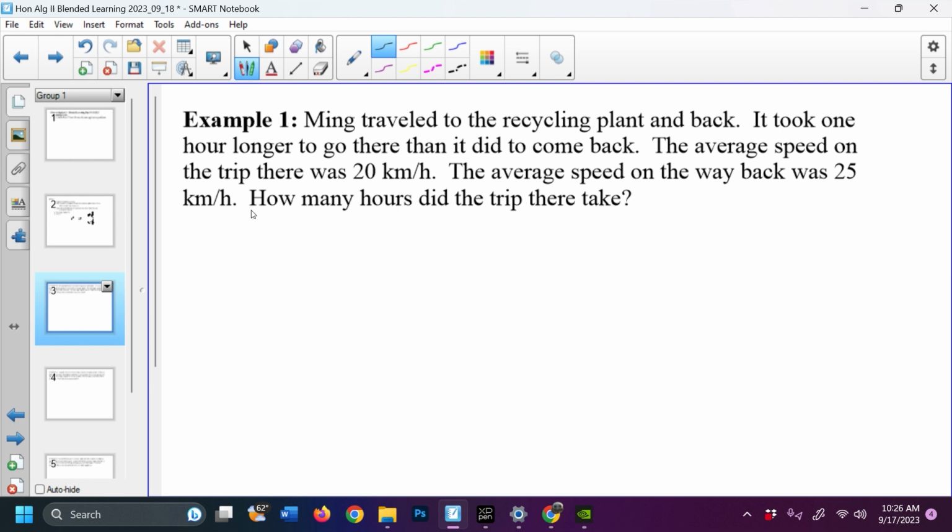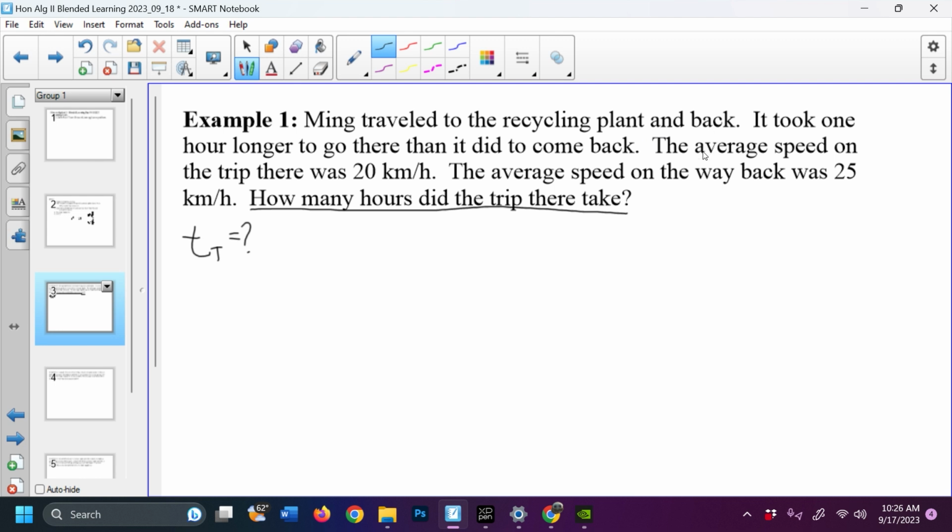Right off the bat, the first thing is that the trip there is what I am looking for, and it is a time. Now I'm going to go through and try to fill in the blanks with some of these other things. Ming traveled to the recycling plant and back.